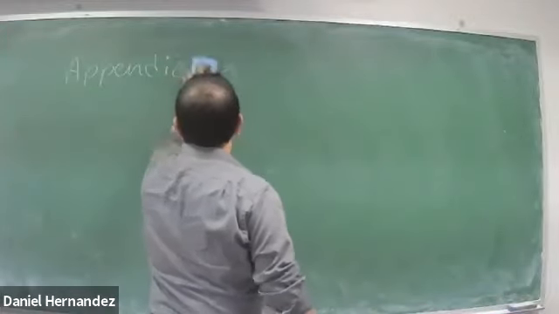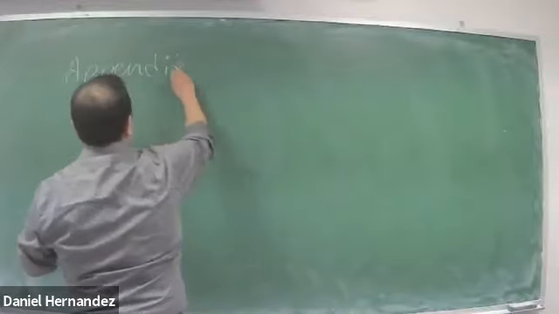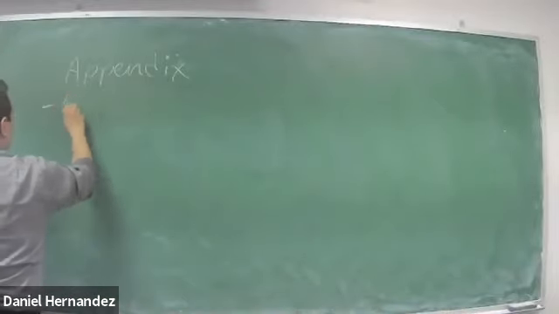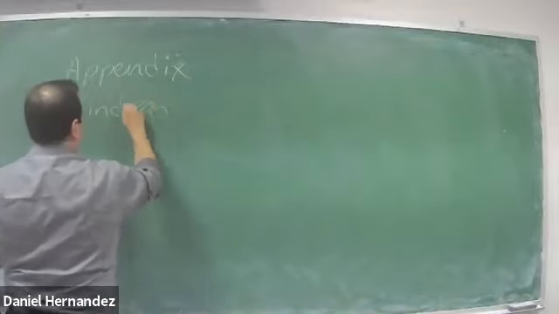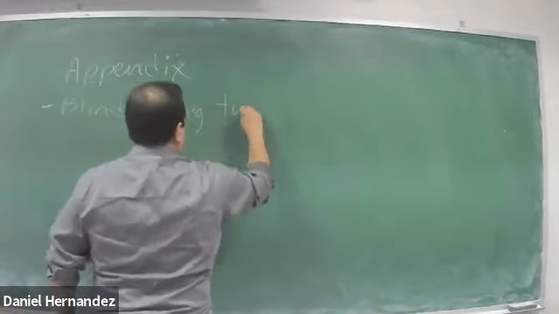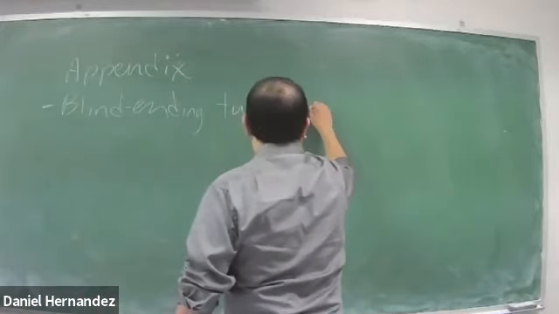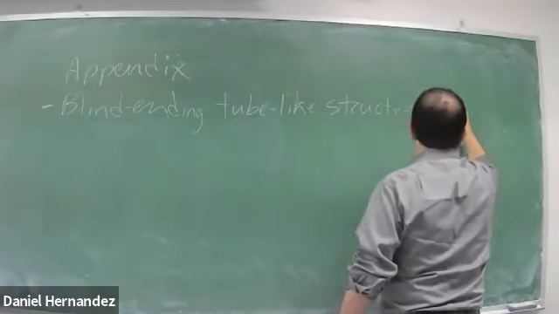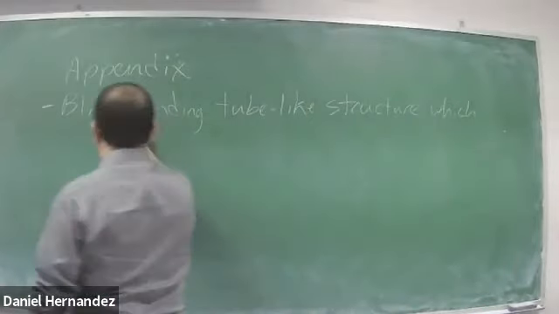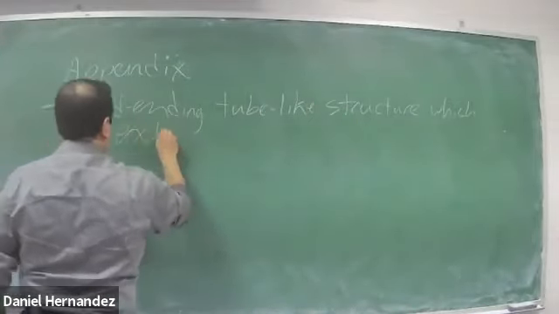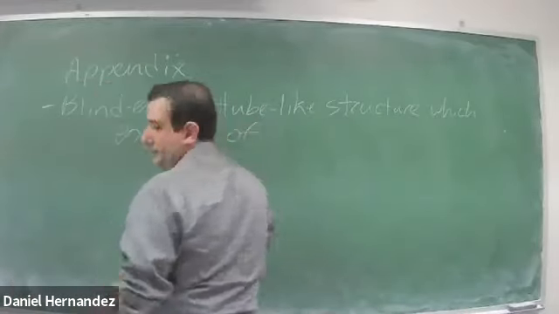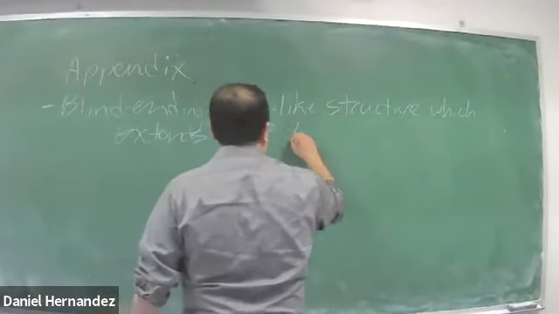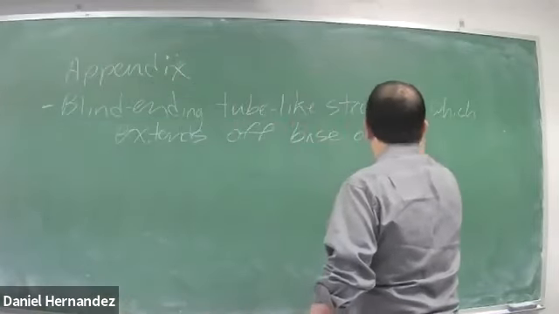So the appendix is a blind ending tube-like structure which extends from the base of the cecum.